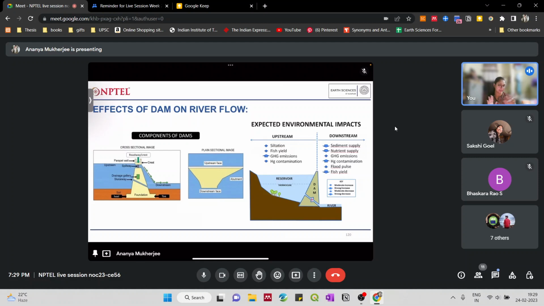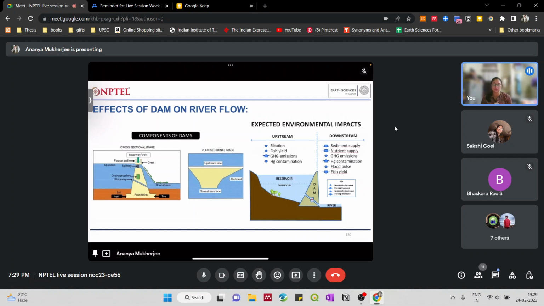Also, we can create dams. We know that dams serve both purposes. They can control the flow of the water downstream, and they also act as a reservoir for areas which have issues with the availability of water resources.